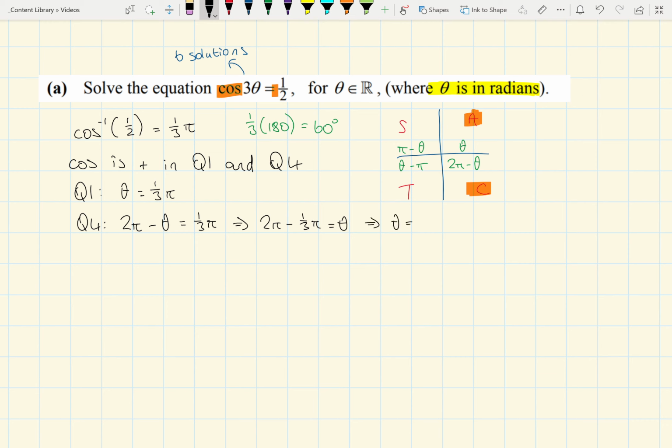So we get, just into your calculator if you're not confident with your fractions in your head, 5 over 3 pi. Okay, so 3 theta again tells us it's going to be 3 rotations. So we have our first rotation, second rotation, and our third rotation.